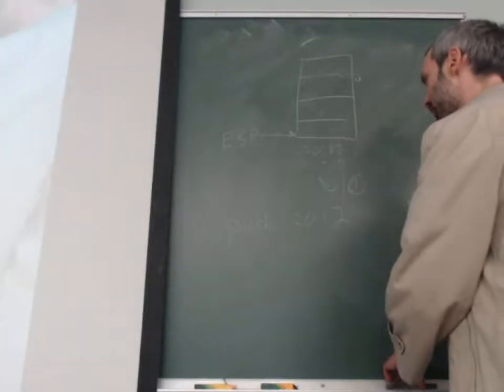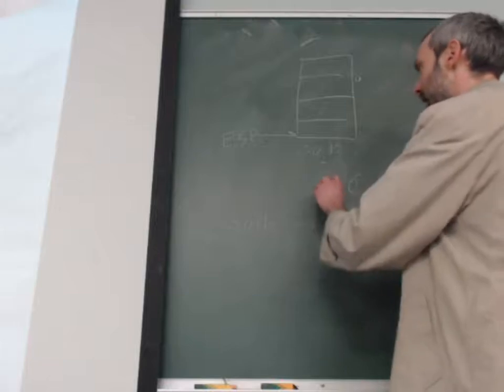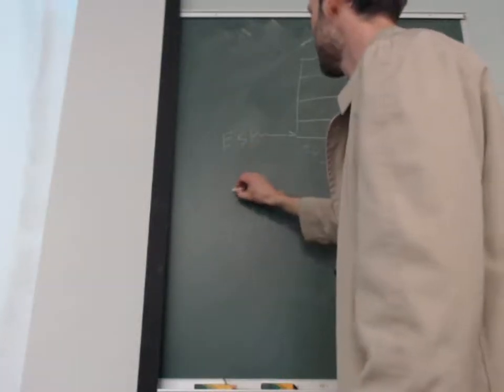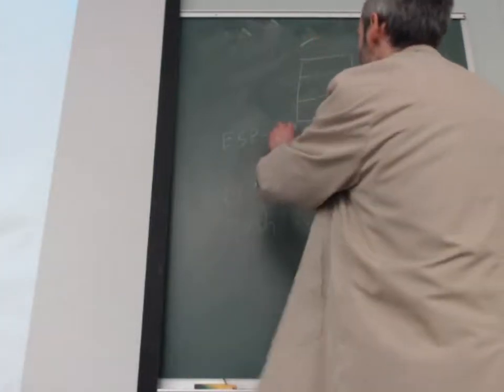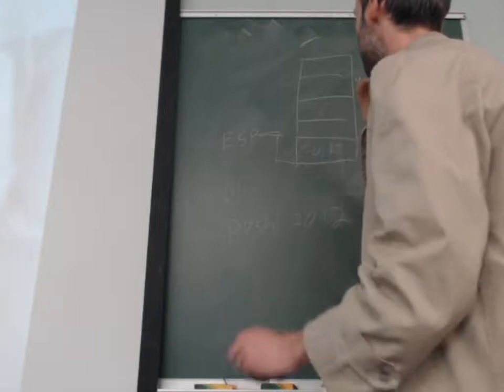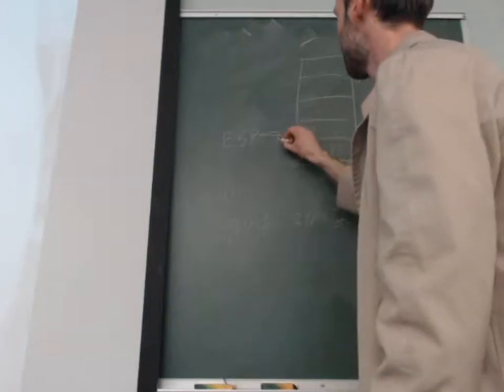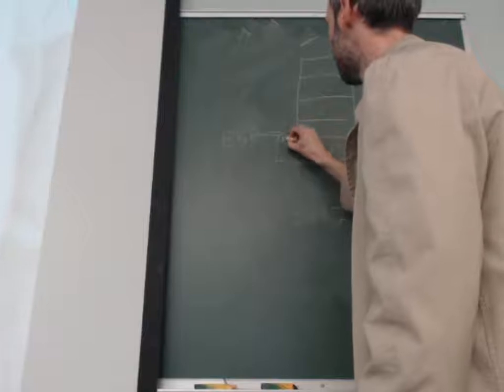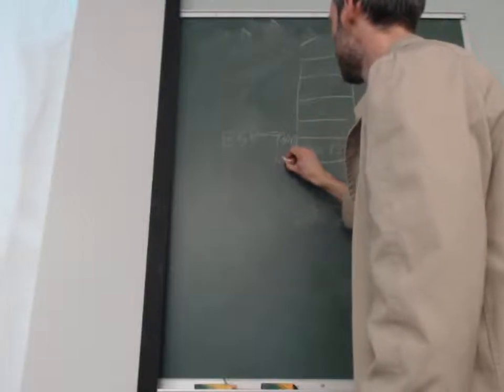I'm going to get rid of this arrow because we don't need it anymore. And then the second thing it does is decrement the stack pointer to point right here. And so we'll just say, for the sake of argument, 0x00, and then it would then be at 0x04.